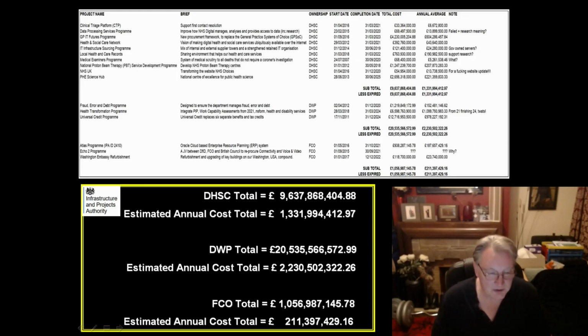Now, one other program of interest. Well, no, there's two actually. Sorry. There's the medical examiners program, which is particularly important as things stand at the moment, because it's talking about a system for when there is no coroner's investigation.